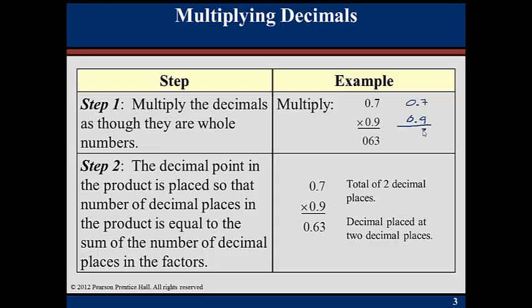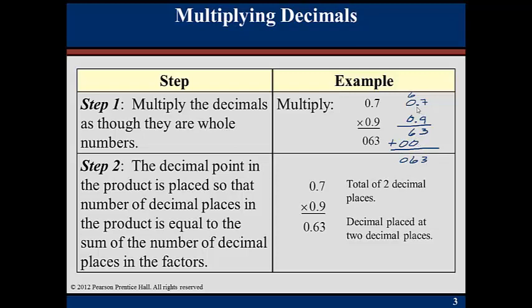So you write down your 3, carry your 6. And then 0 times 9 is 0, add 6, and there's your 6. And then we're going to do the same thing. 0 times 7, 0. 0 times 0, 0. And then we add these together, and you have 0, 6, 3.